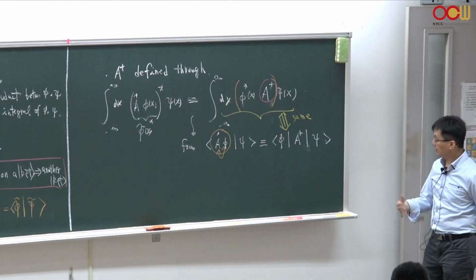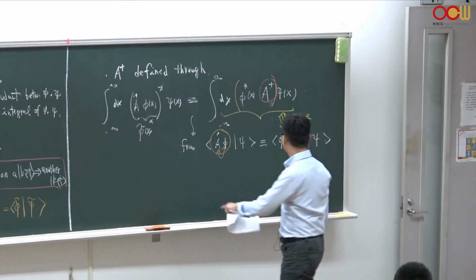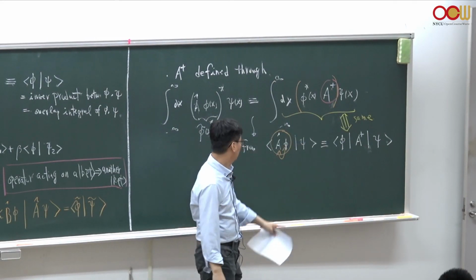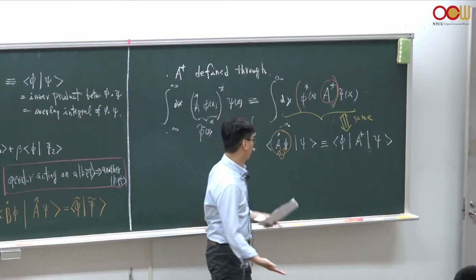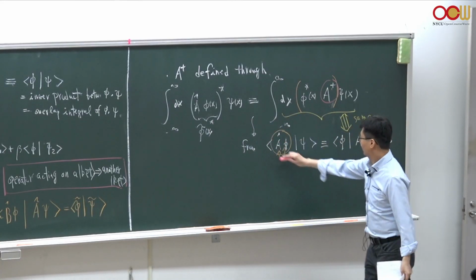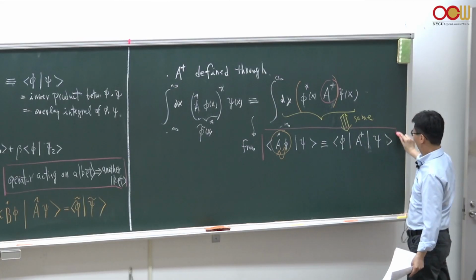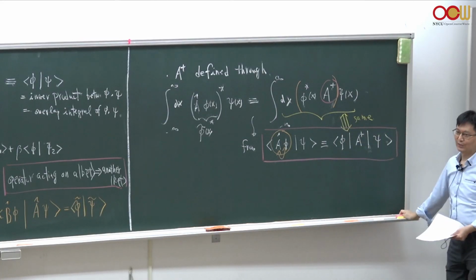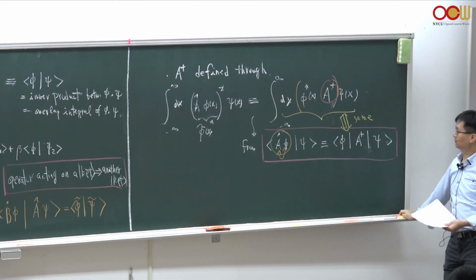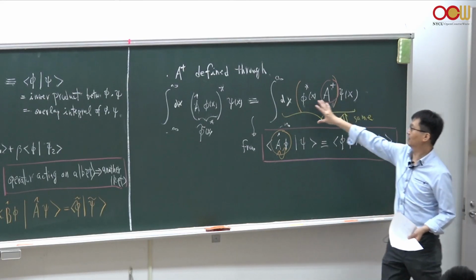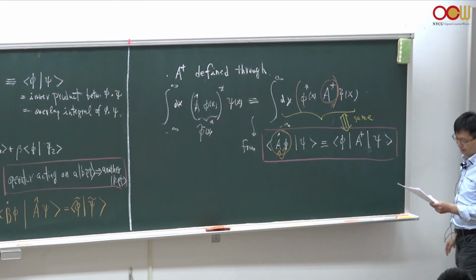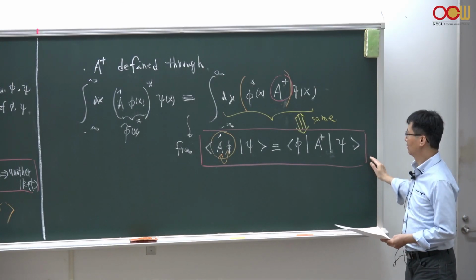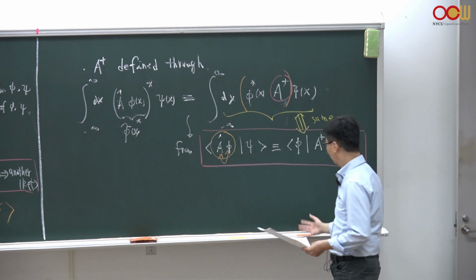But the advantage of using Dirac notation is that you don't bother writing down all this complicated integral. This is much simpler because you have only these Dirac bra and ket states. That's all. No integral, no complicated equations. This is a much more elegant way.